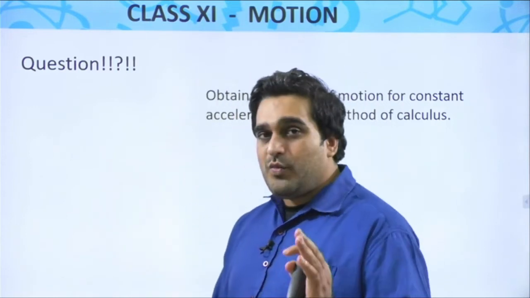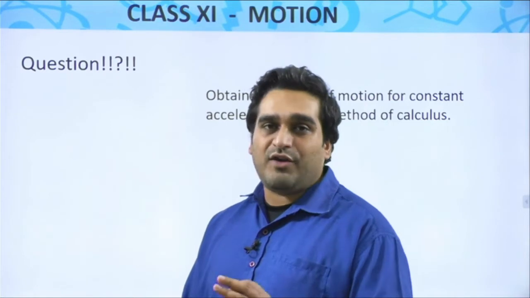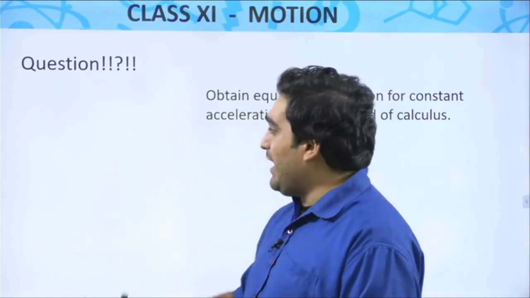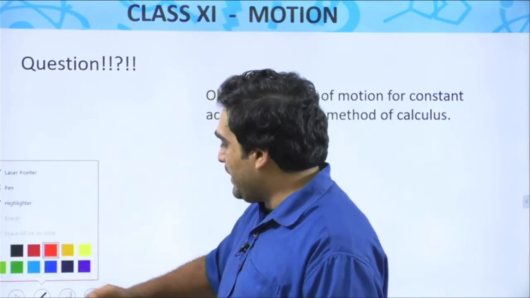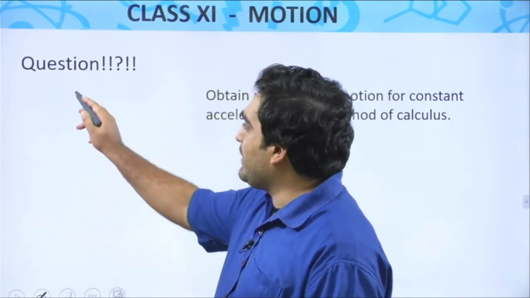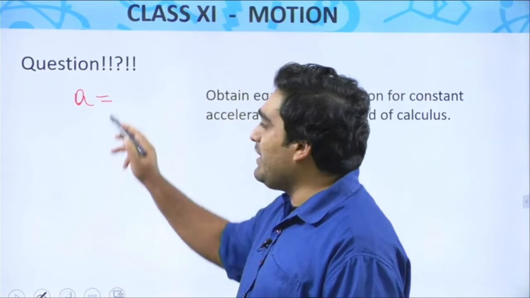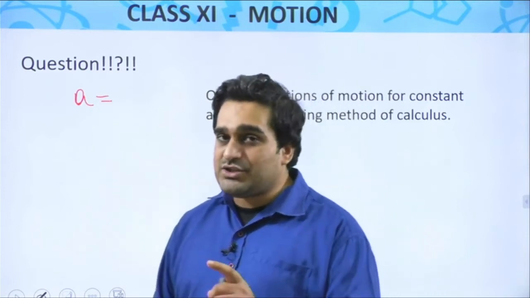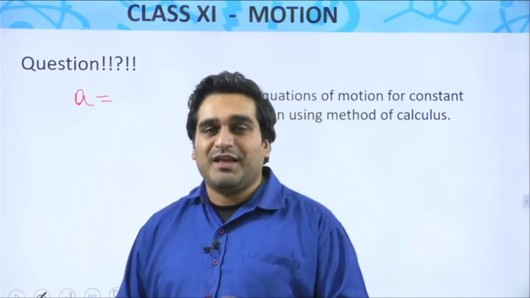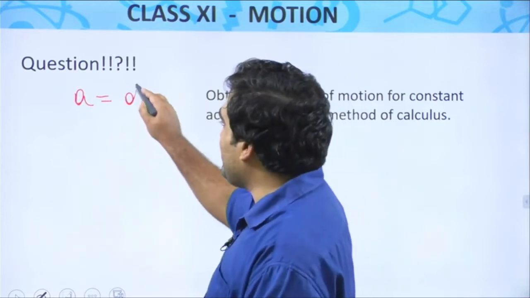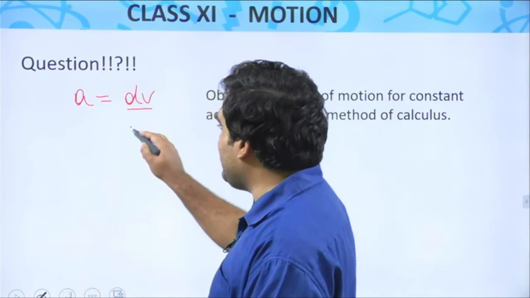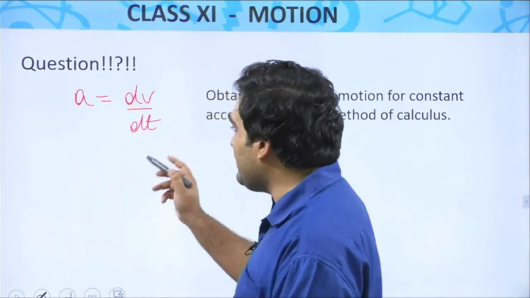So first we begin with the definition for acceleration. Acceleration is defined as the rate of change in velocity. This rate of change in velocity can be written as dv by dt as a differential equation.